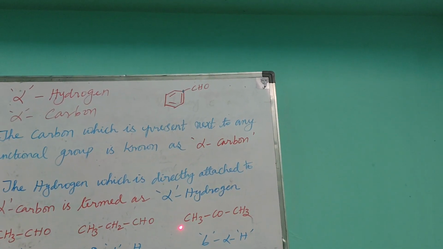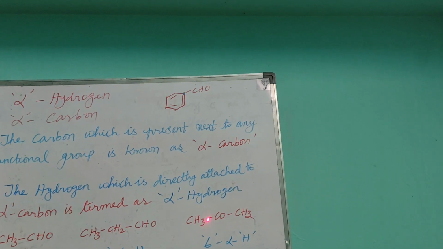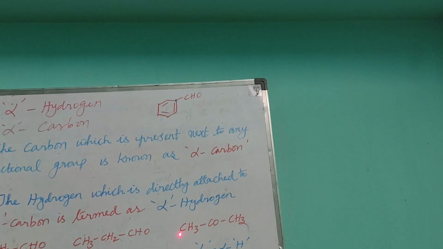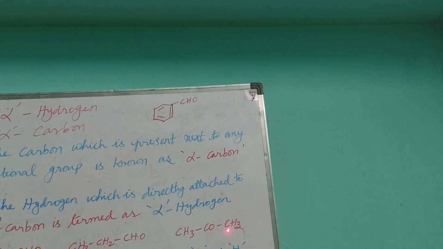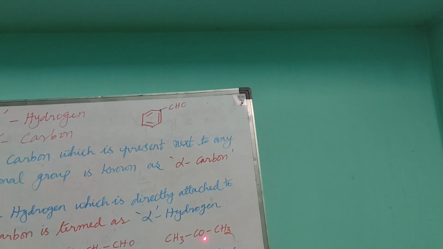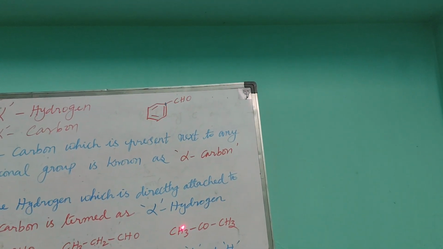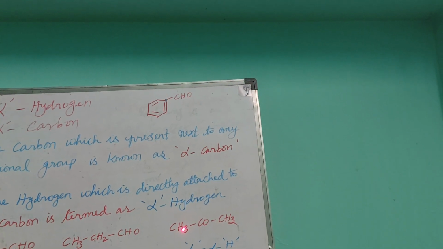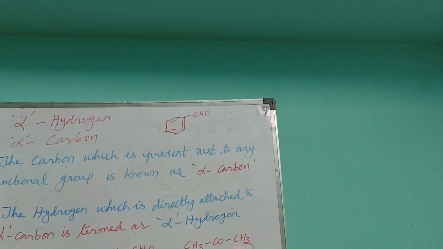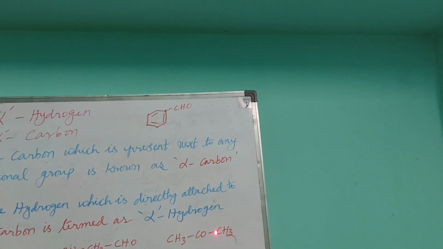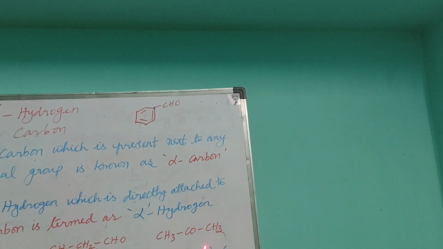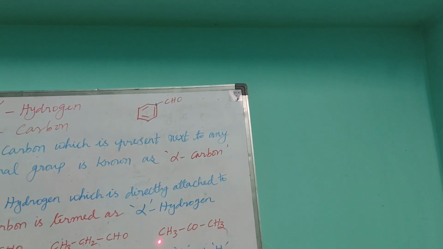So both these carbons at the terminals are alpha carbons. This alpha carbon contains 3 hydrogens, also known as 3 alpha hydrogens. This alpha carbon also contains 3 hydrogens. So in total 3 plus 3, 6 alpha hydrogens. See, irrespective of the carbons and hydrogens, all the hydrogens which are directly attached to the alpha carbon are termed alpha hydrogens, right?